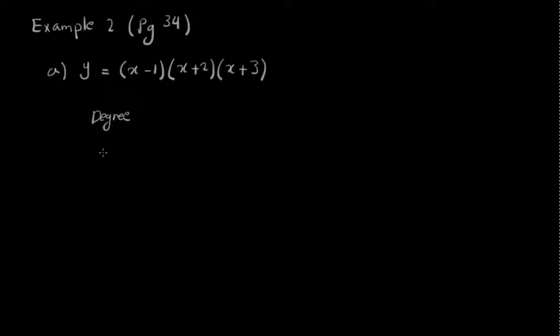So the degree is 3. Then we're gonna see what's the leading coefficient. Since there is no coefficient behind any of the x's, it's just gonna be a positive value, and it's going to be 1.